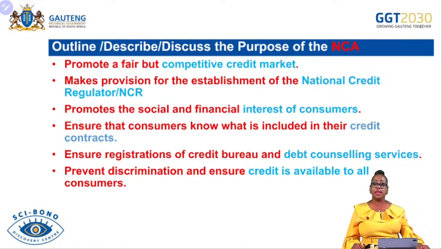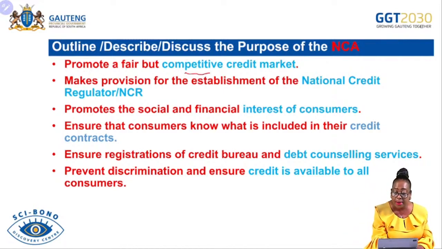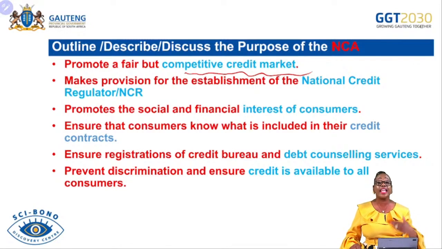If you look, for instance, at what I've already indicated, the first one, I have used the keyword competitive credit market. Now remember the picture. The picture was not really depicting any competitiveness or fairness. So this act was introduced in order to promote what? A competitive credit market. So that market whereby the creditors and their clients are now working fairly, that's what this act is purposed for.